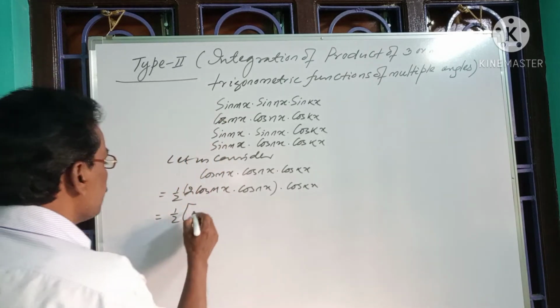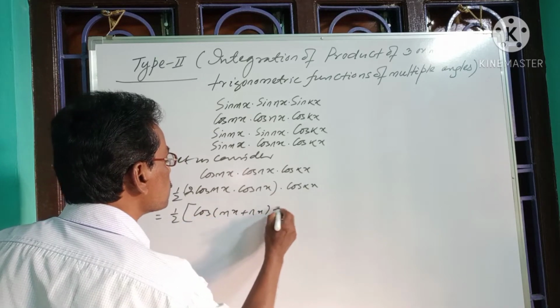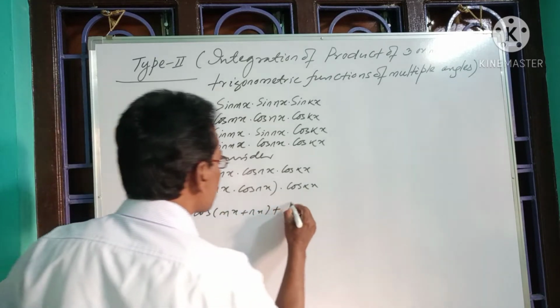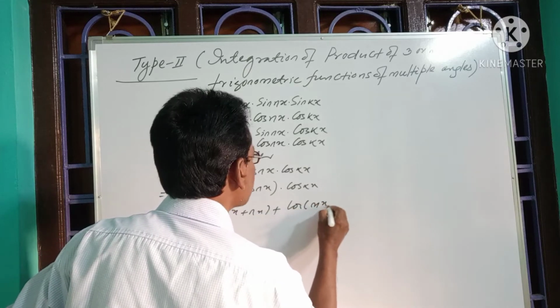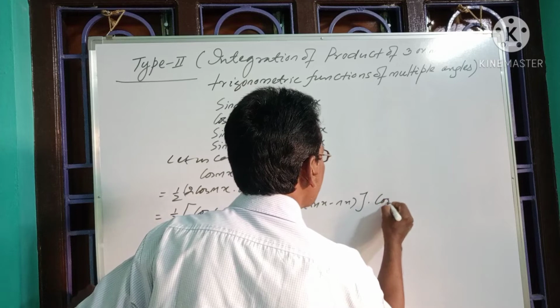So we have cos of mx plus nx plus cos of mx minus nx, then into cos kx.